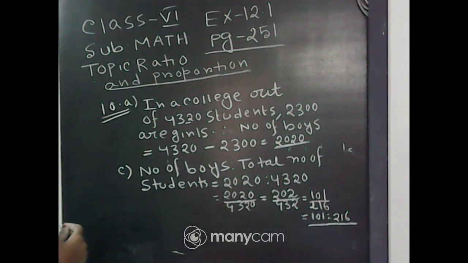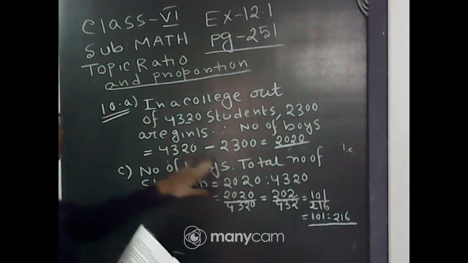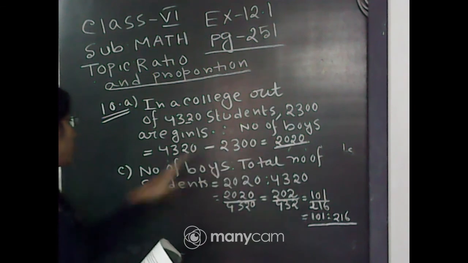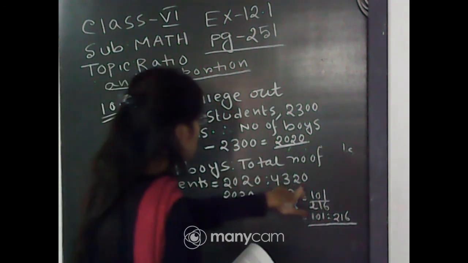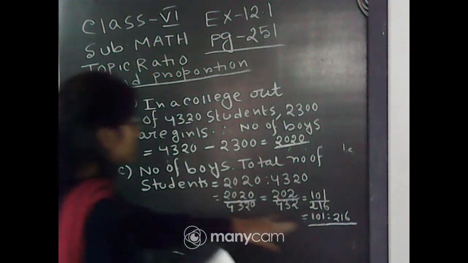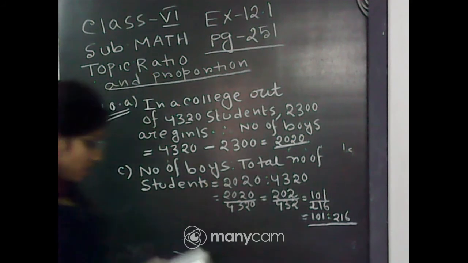Therefore, number of boys is to total number of students is equal to 101 is to 216.